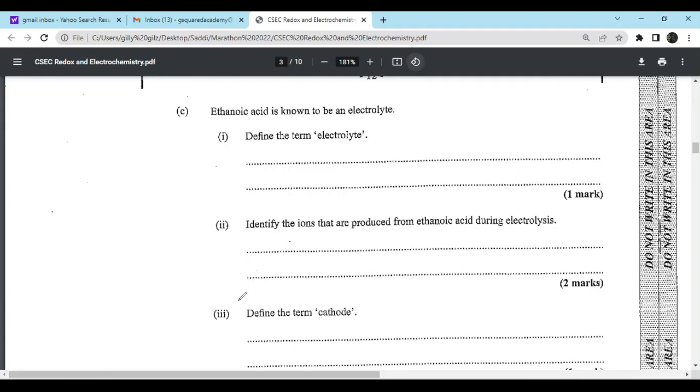And you do your electrolysis in an electrolytic cell. So what does your electrolytic cell look like? Because you are working with liquids, it must have something to contain the liquid, so you must have a beaker.